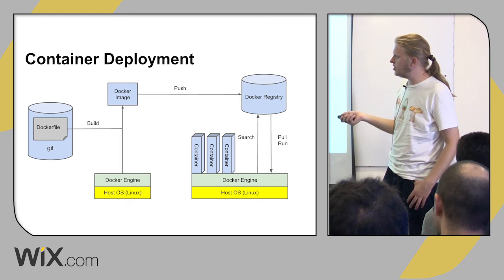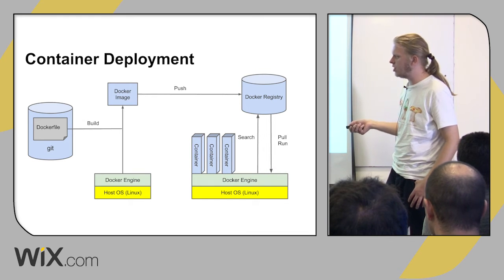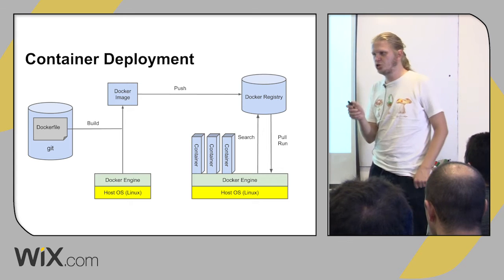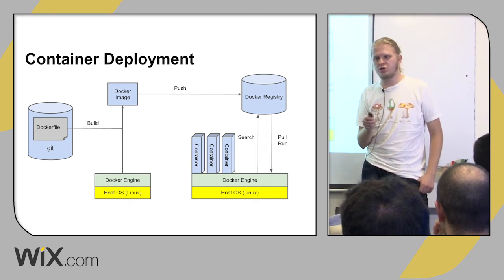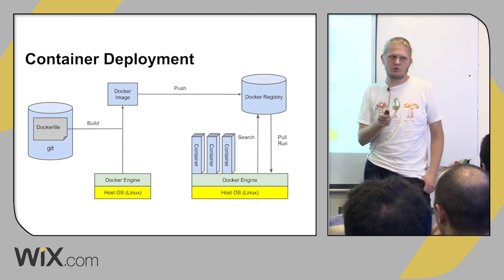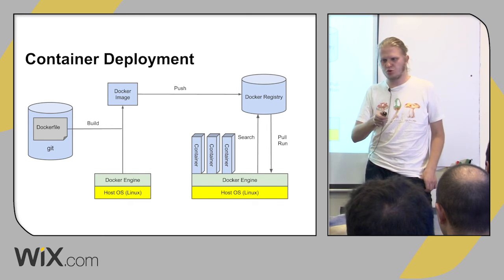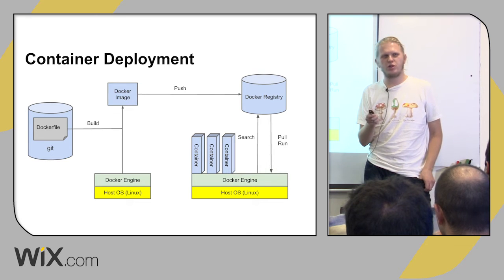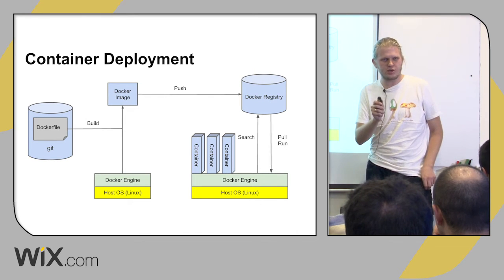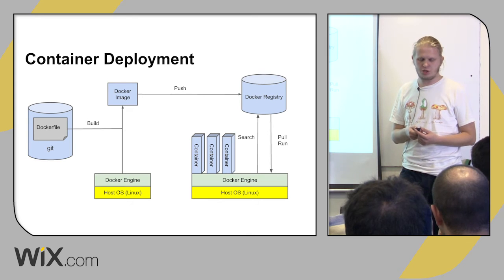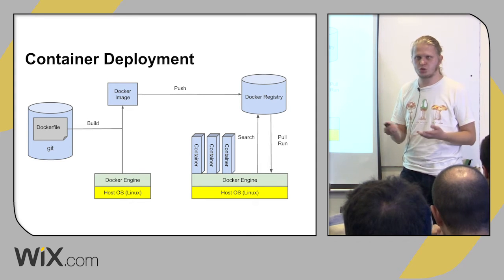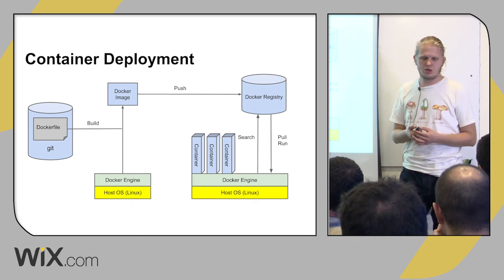So in the build phase, the one big limitation of Docker is that it only runs on Linux, and only with a kernel version of 3.12 or higher; 3.8 is not very stable. So it only runs on Linux with a specific kernel.